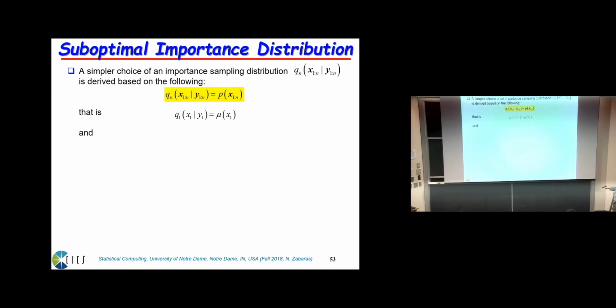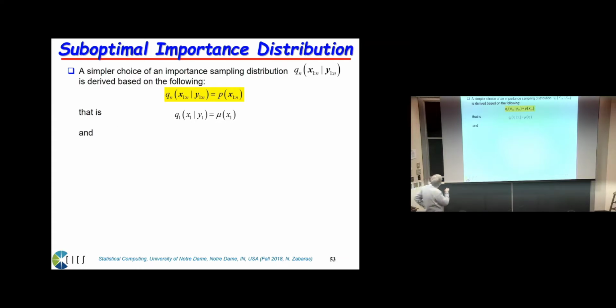So, let me give you another algorithm that lots of books in statistics use, which is way easier actually than the optimal algorithm that I gave you. And here is the idea. How about if we use as proposal distribution at time n the actual marginal of P of x?